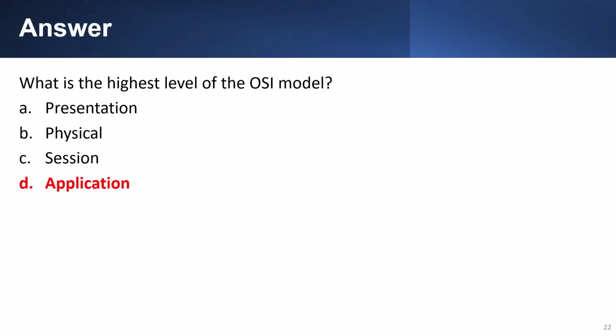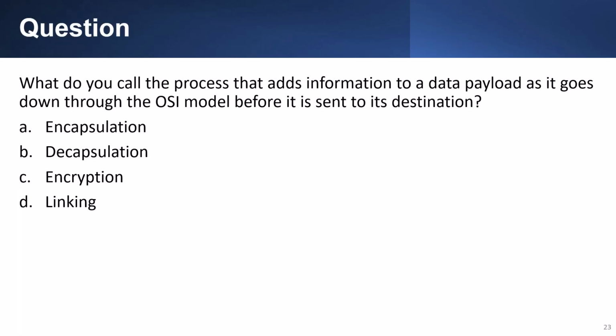Answer: application. Question: what do you call the process that adds information to a data payload as it goes down through the OSI model before it is sent to its destination? Answer: encapsulation.